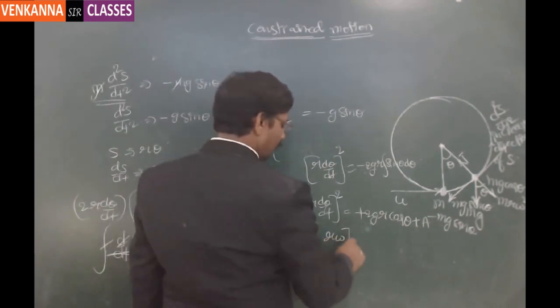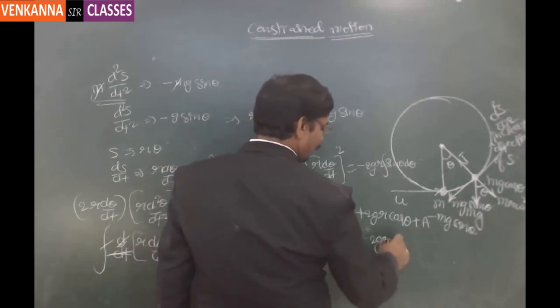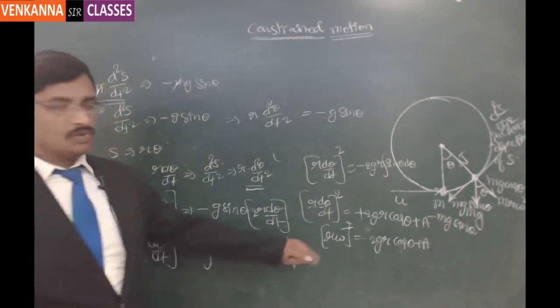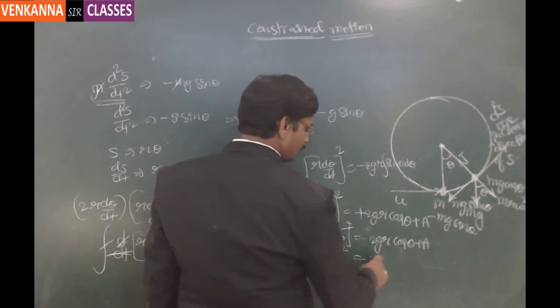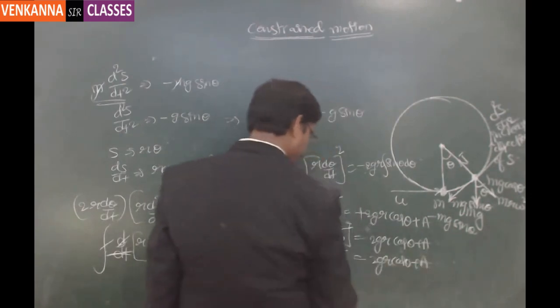So r omega whole square is equal to 2gr cos theta plus A. And r omega you can call as the linear velocity, so v square is equal to 2gr cos theta plus A.